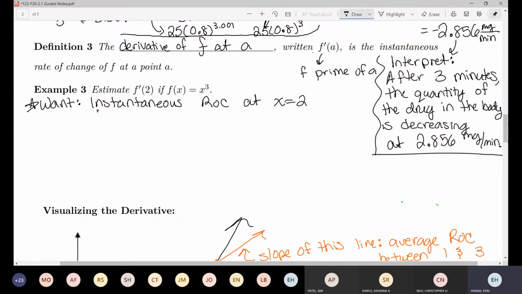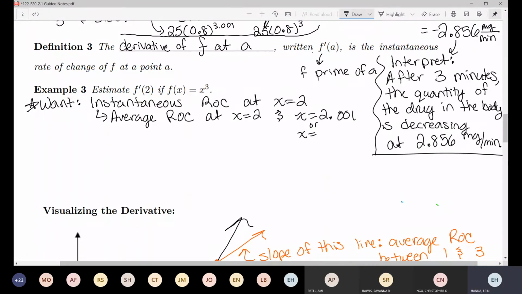Well, how do we find the instantaneous rate of change? So from that, we want an average rate of change at x equals 2 and something obnoxiously close to x equals 2. So again, I personally like to just tack a 0.001 at the end.